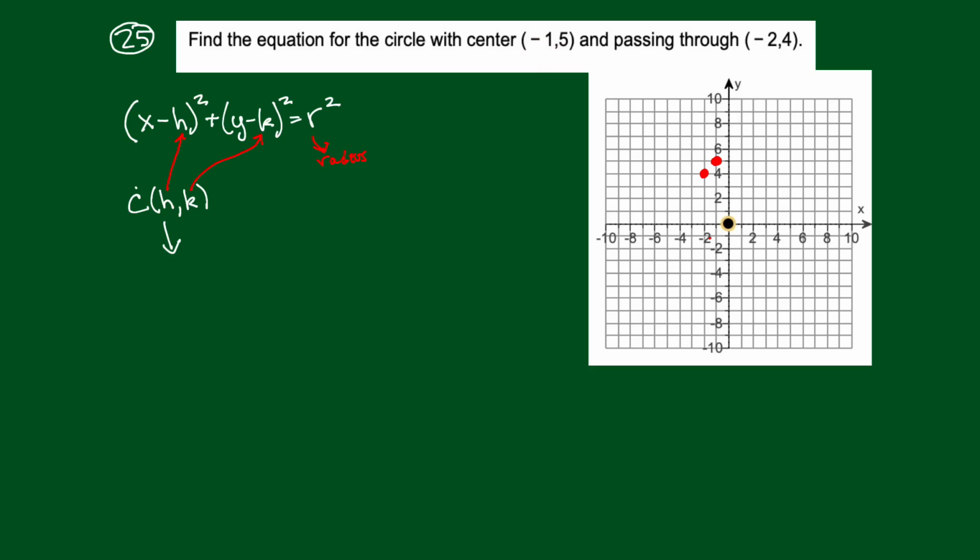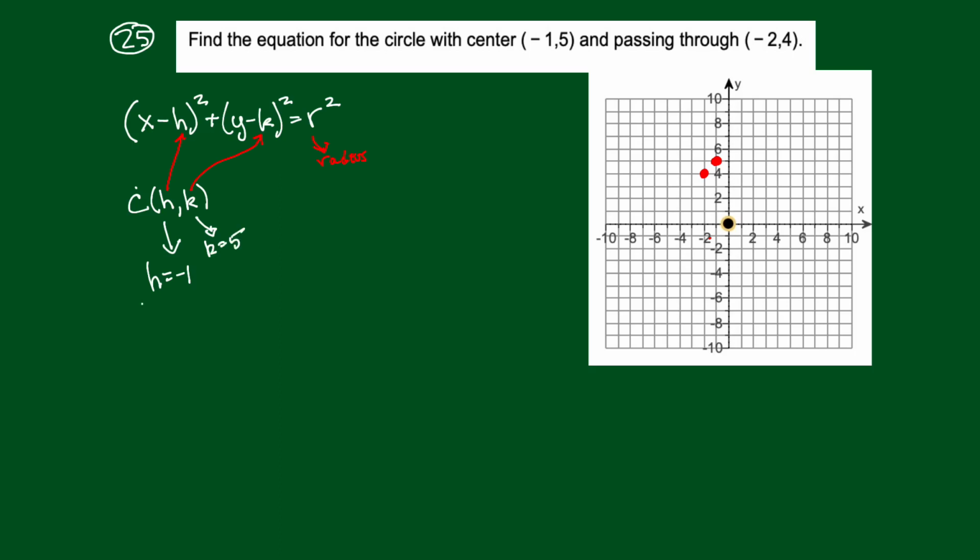And k is the y-coordinate of the center, which is 5. So I'm going to write this now as k equals 5.